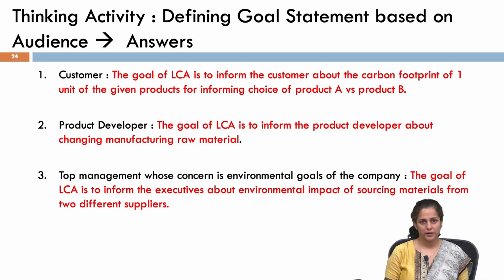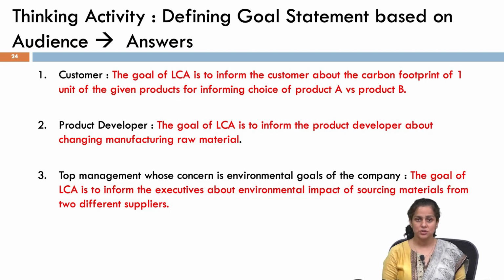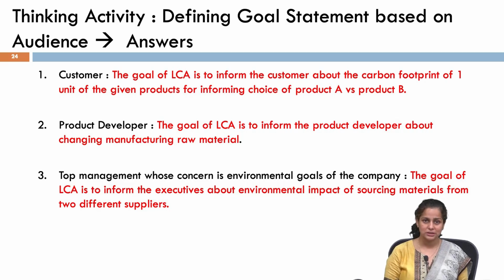So, if the supplier is, let us say, from country A, providing the material through rail transport, versus country B, which is providing the material through ship transport. So, what is important in your LCA is that you would be including the supply chain effects as well. As you develop the goal statement, that determines what kind of models you are going to include, or what kind of system boundary you will be including in your subsequent modeling steps.